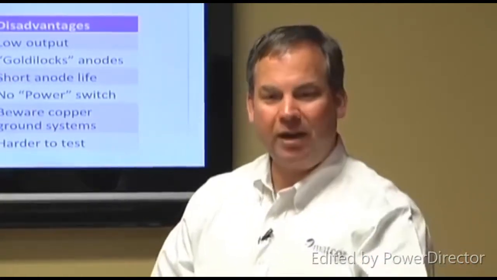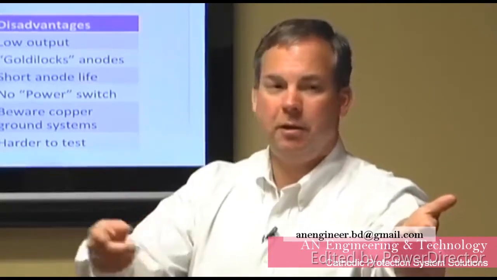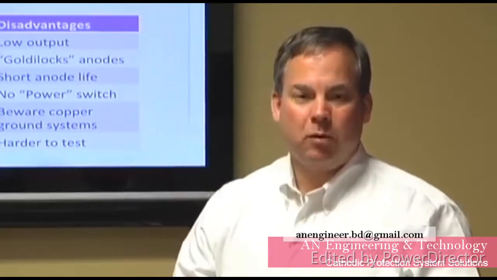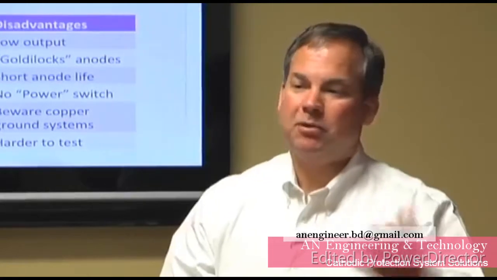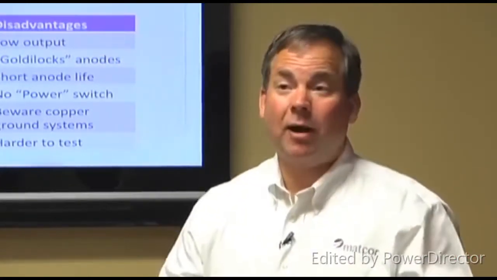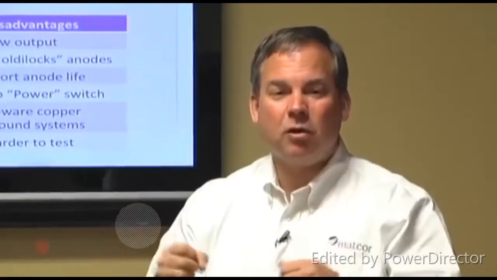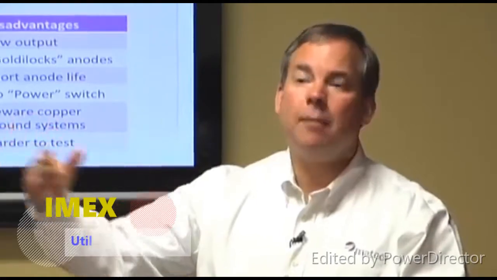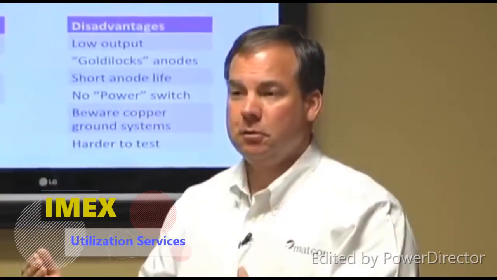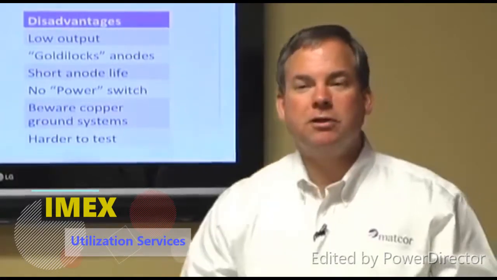So it's going to try to bring it up to where it's the same potential as steel before current's going to start flowing to the steel quite a bit. What ends up happening with galvanic anodes is they can never protect the copper fast enough. Copper just sucks up current. That's what copper does. It's a grounding system, and copper takes current really quickly. It takes a lot of current to shift the potential of copper, a lot more current than steel.